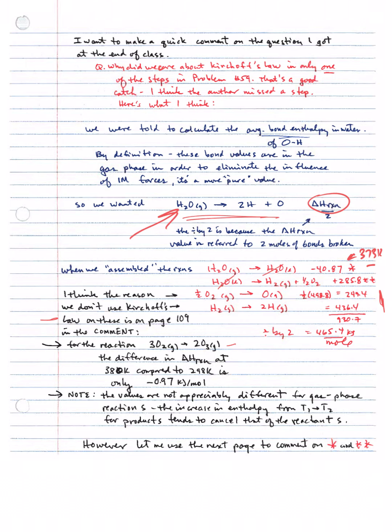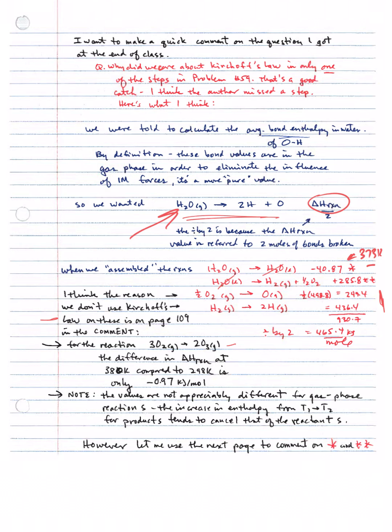It's minus 0.97 kilojoules per mole. Note, the values are not appreciably different in the gas phase reactions. The increase in enthalpy from T1 to T2 for the products tends to cancel out that of the reactants.